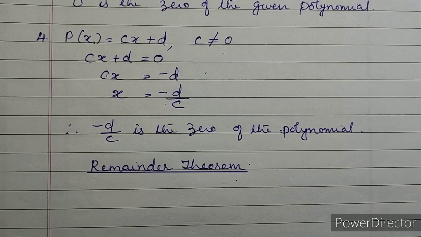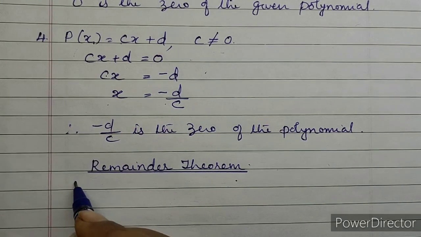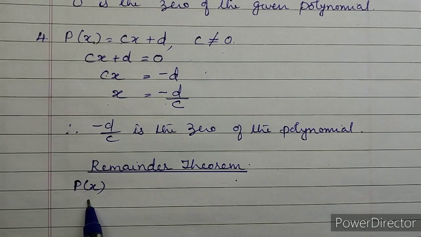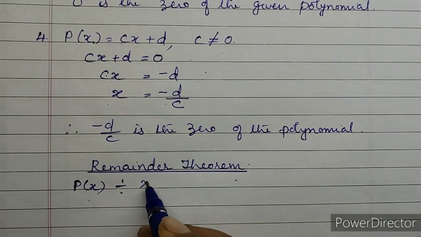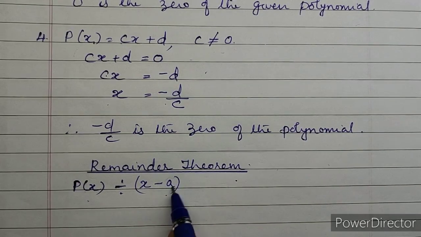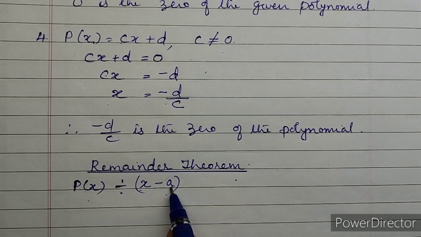without doing division. So I will tell you, if p of x is a polynomial, degree should be greater than or equal to 1. It can be a linear polynomial, quadratic polynomial or cubic polynomial, any polynomial. Then if p of x is divided by x minus a, this is a binomial. a means any number it can come, x minus a.